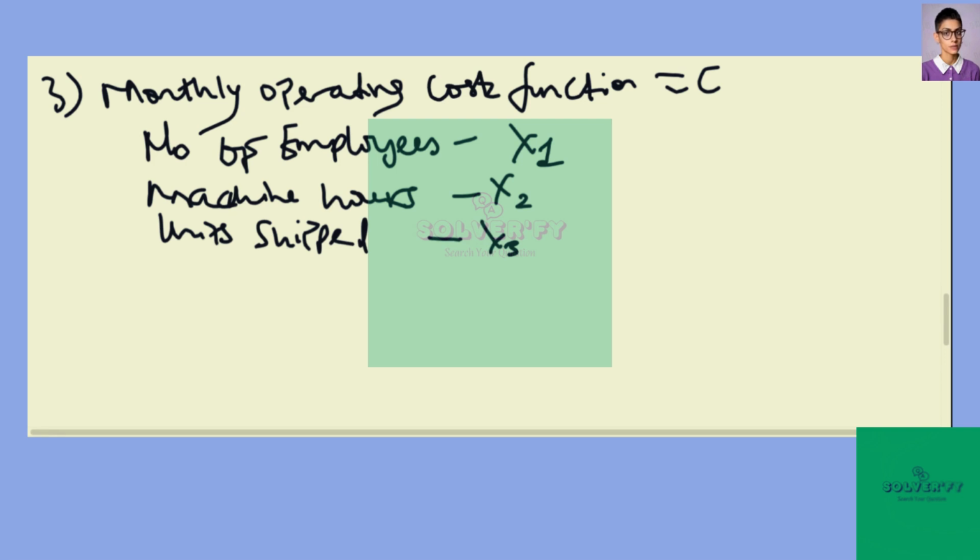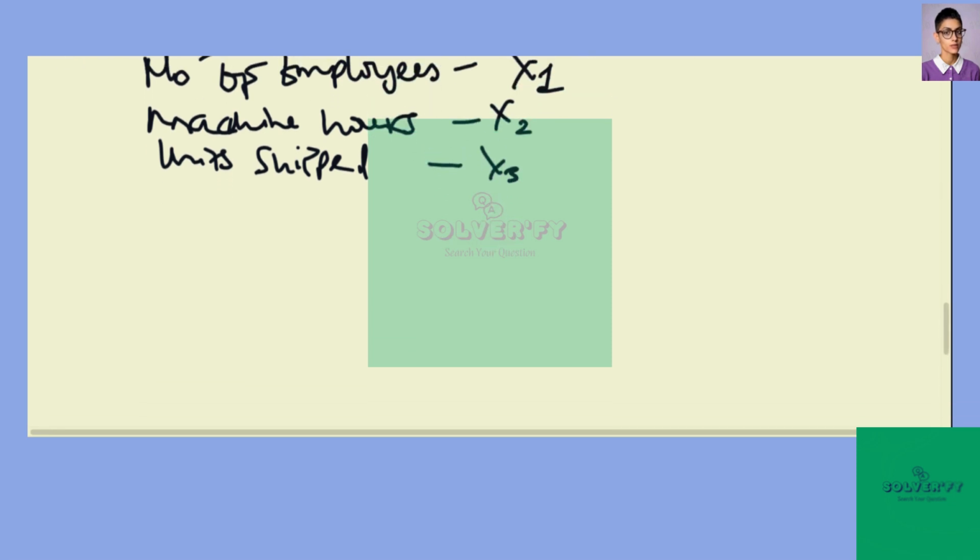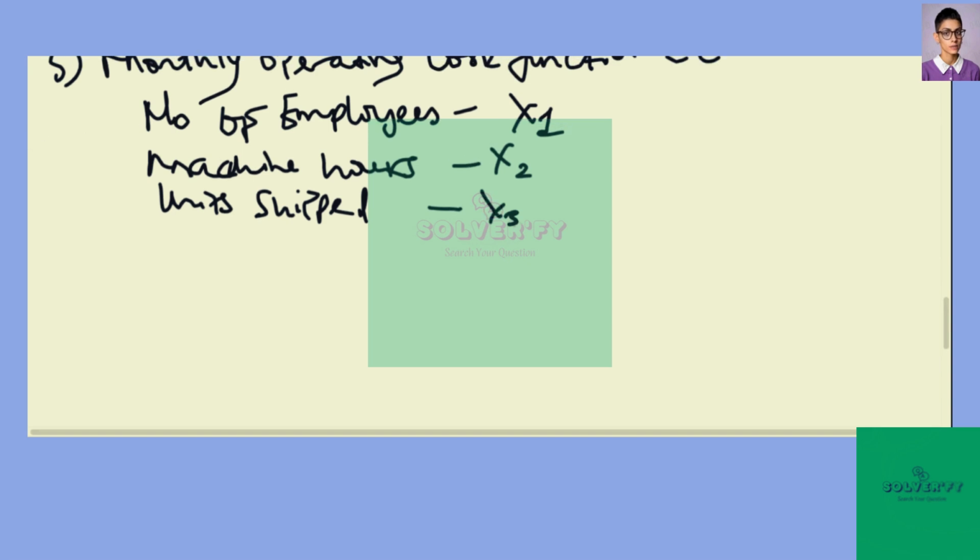So we're going to use the preceding cost functions to estimate the monthly operating cost function. The monthly operating cost function for health insurance would be C1.